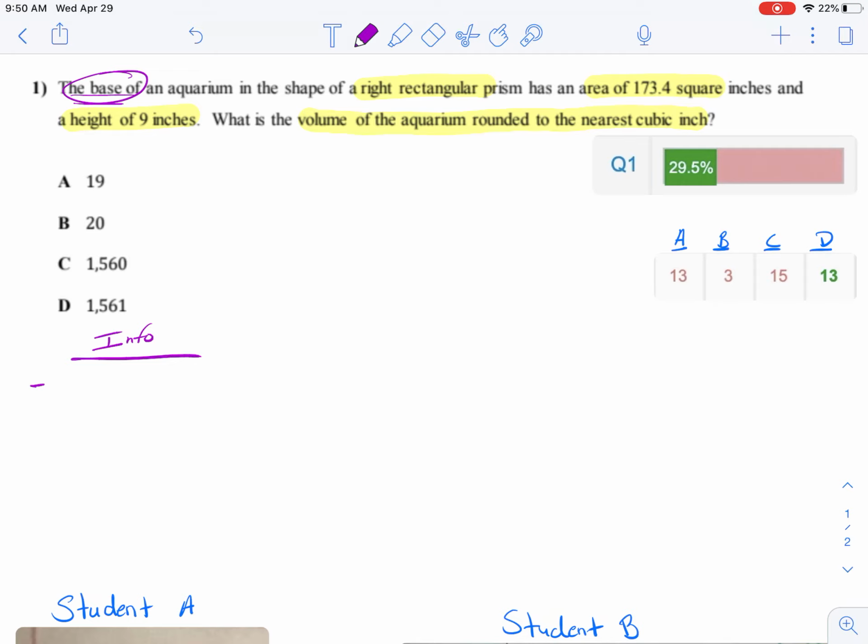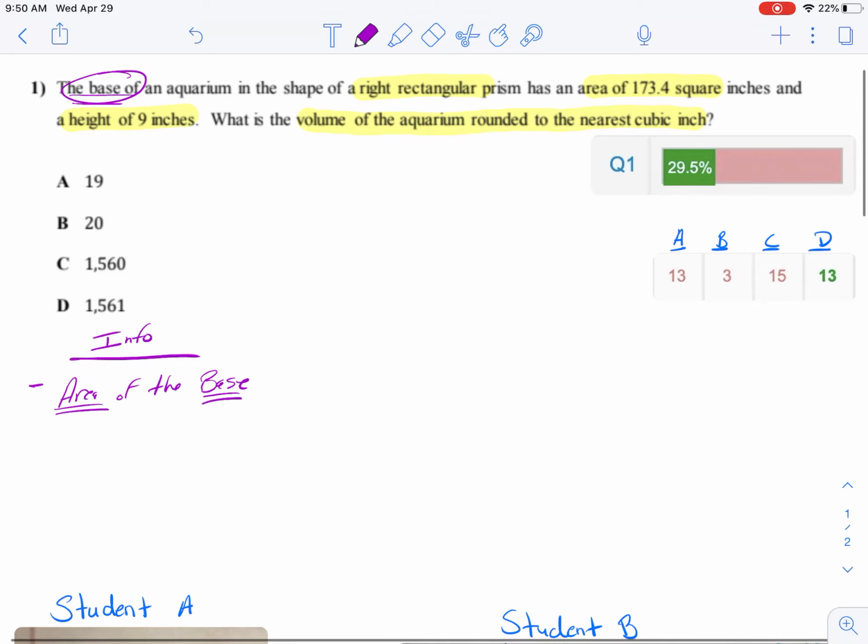So we know that the area of the base is 173 4/10 inches squared.